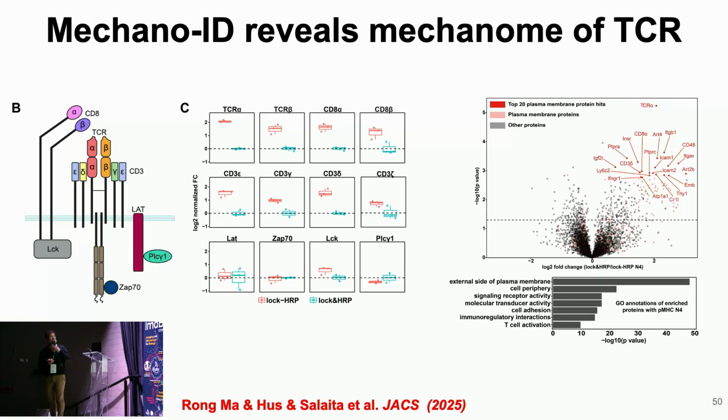We identify proteins like CD3 epsilon, delta, the alpha and beta subunits, gamma, as well as the co-receptor CD8, and many of the other partners in the signaling pathway. We also identified some proteins that had not been seen before, and we're investigating them now. Many of them are involved in adhesions, and so many of these undiscovered receptors are involved in T-cell adhesion.